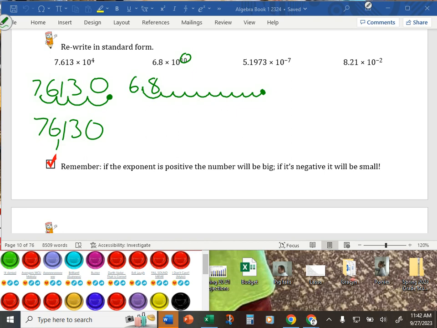What fills in all those empty spaces? Zeros. So we have 6, 8, and then 9 zeros. Put a comma every third. 68 billion is your original number.